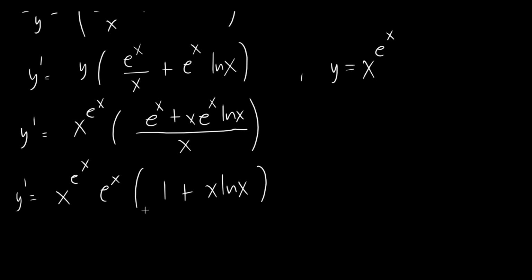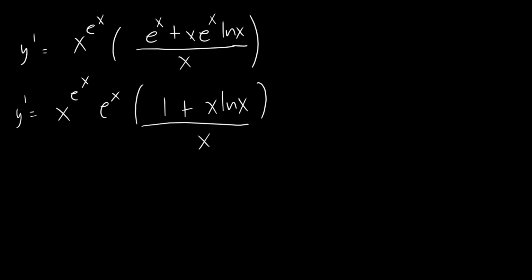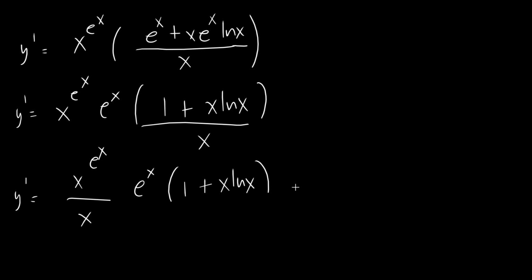So all over x. We will now combine these having the same base, so we have x^(e^x) all over x, multiplied by e^x times (1 plus x ln x).